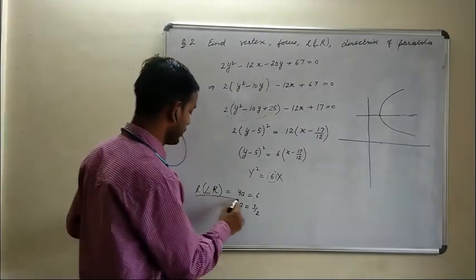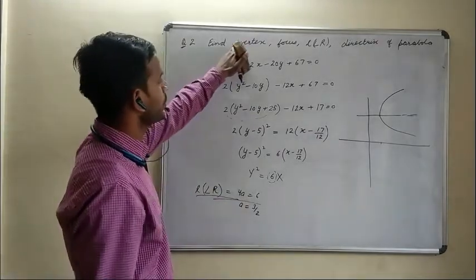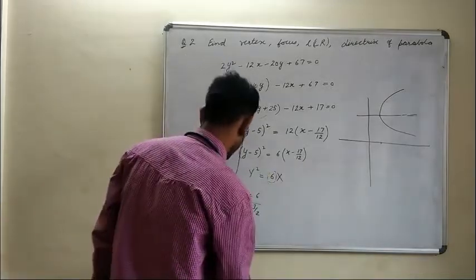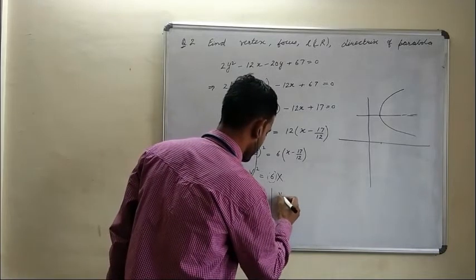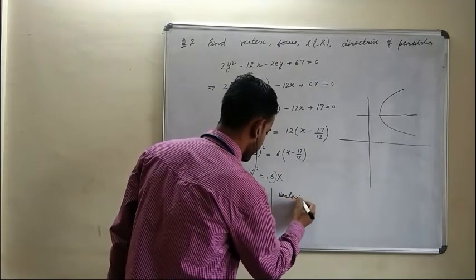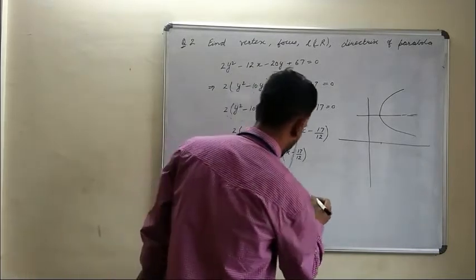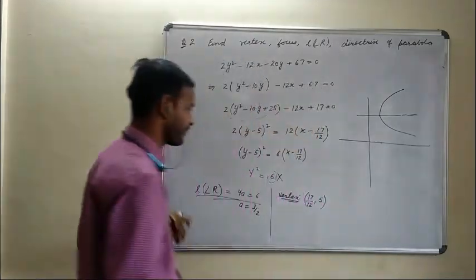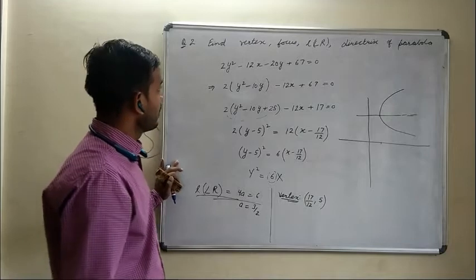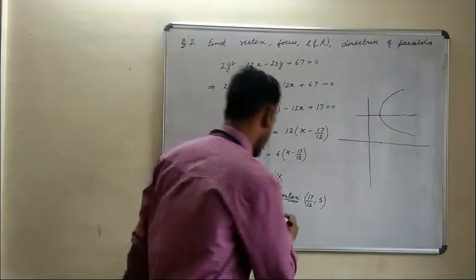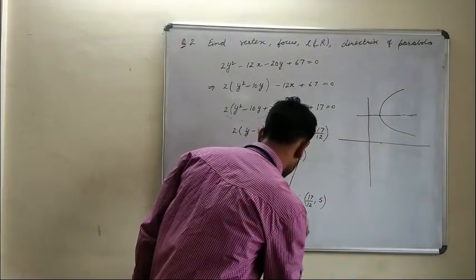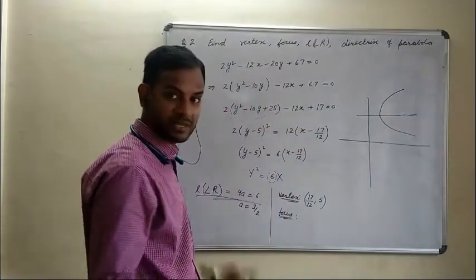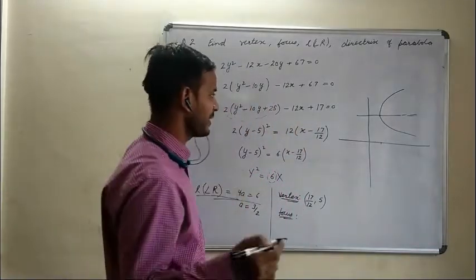Now what do we require else? So vertex we have already seen at 17 by 12, 5. What's next? Focus. So focus is at a distance a from the vertex.